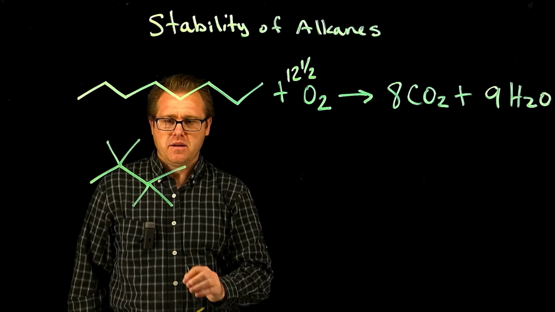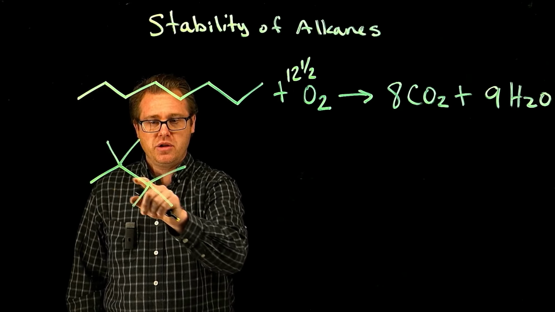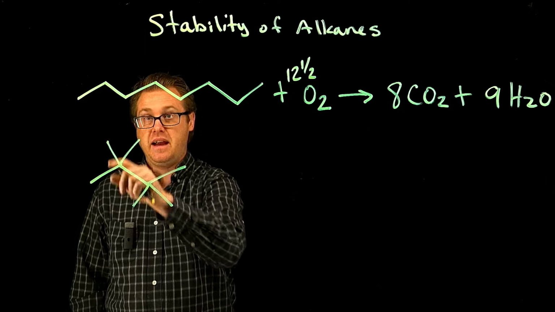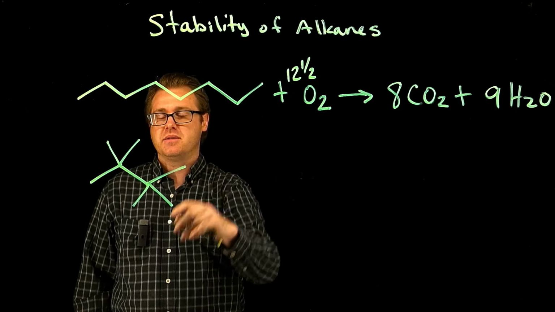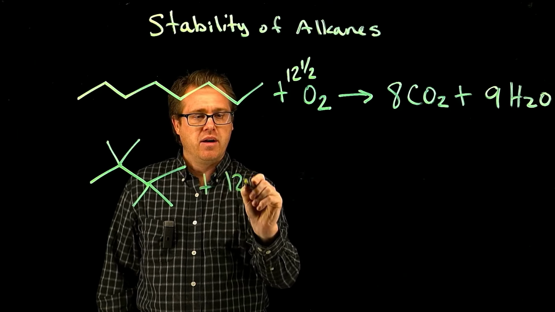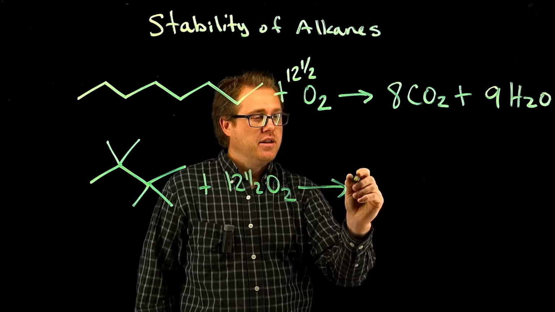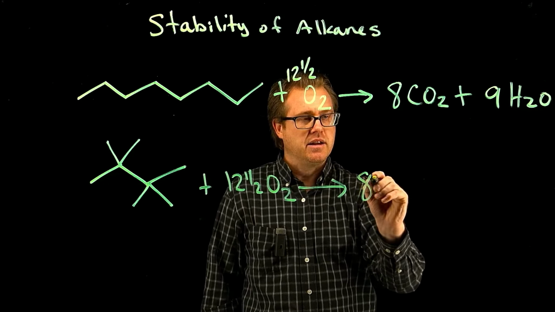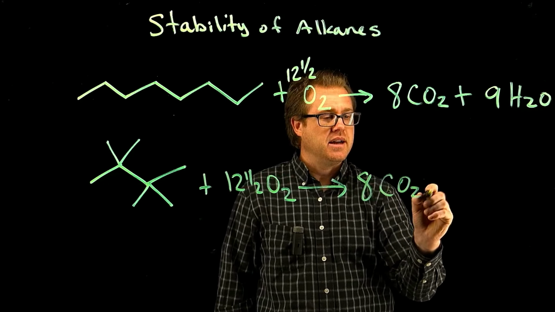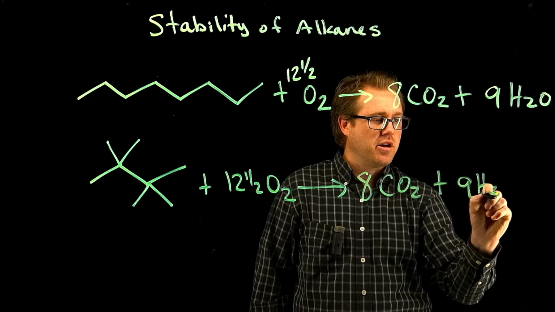All right. Let's double check. 1, 2, 3, 4, 5, 6, 7, 8. So 8 carbons, 8 carbons. And if we treat that with 12.5 moles of oxygen, put a spark, that's going to combust into 8 moles of carbon dioxide plus 9 moles of water.